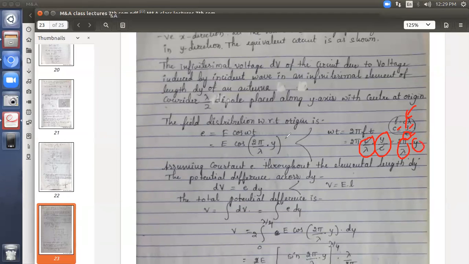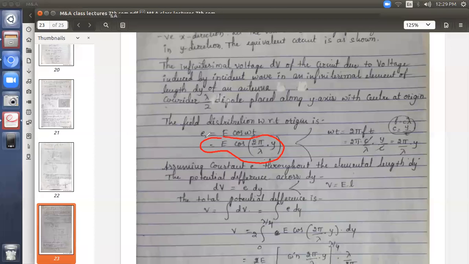Why do we want to convert this? Because the known parameters for our antenna design are lambda and the distance y. So instead of writing omega t, we convert it into known parameters. Okay, this is about the field E.